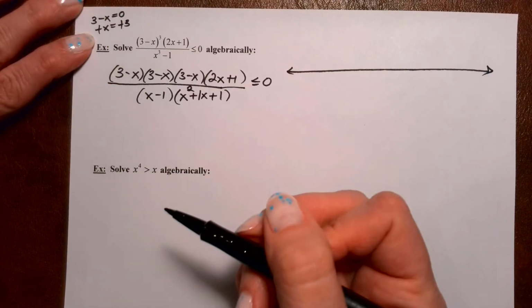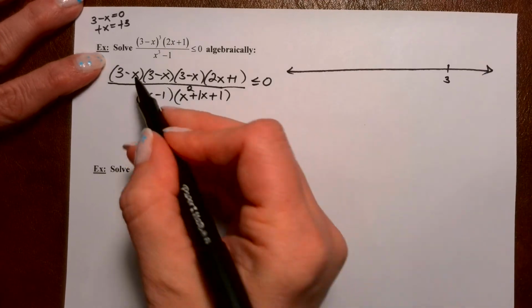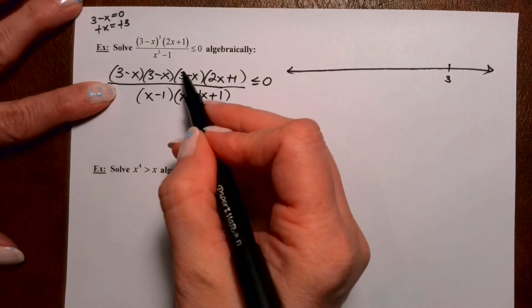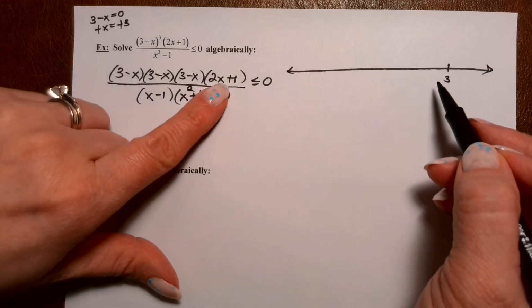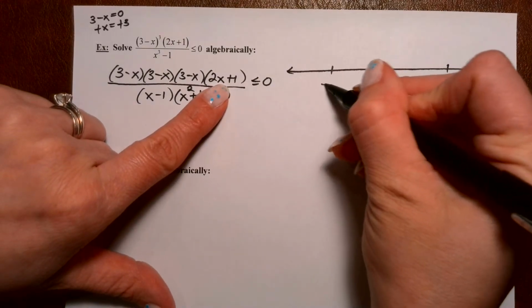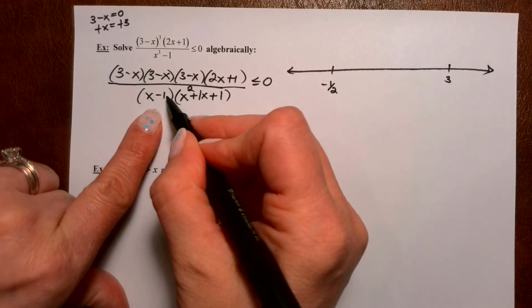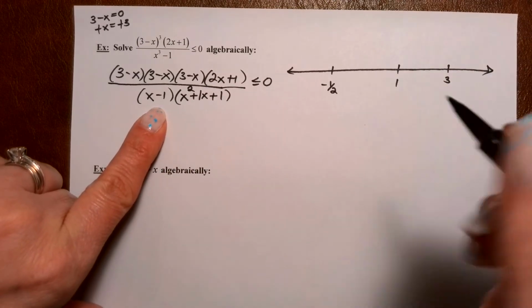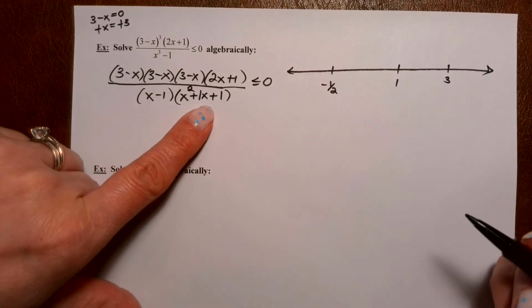I'm getting a 3. Positive 3. Okay, so that is a critical value. Positive 3, positive 3. I don't have to put it on the number line. It's already there. This one's going to give us negative 1/2. This factor right there gives us positive 1. And what x-intercepts or critical values do I get from that?